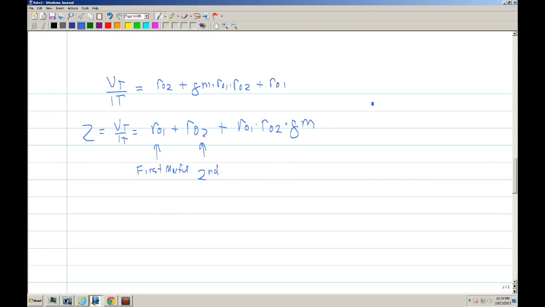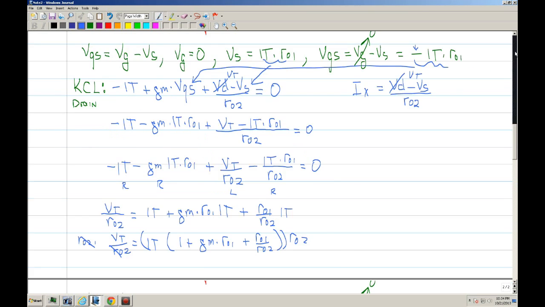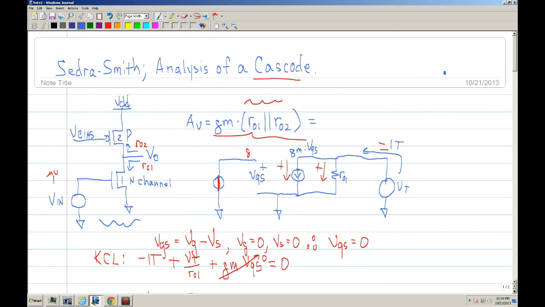Well, let's go back to the original, right here on a simple common source with an active load. We have the output impedance of, let's say, R01 in parallel with R02. Let's assume that these are 1K.